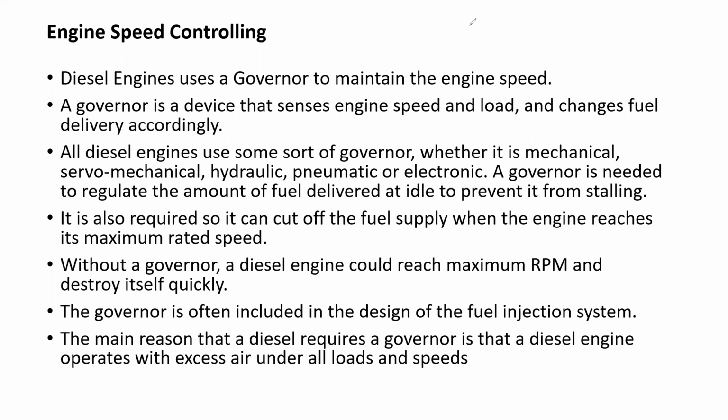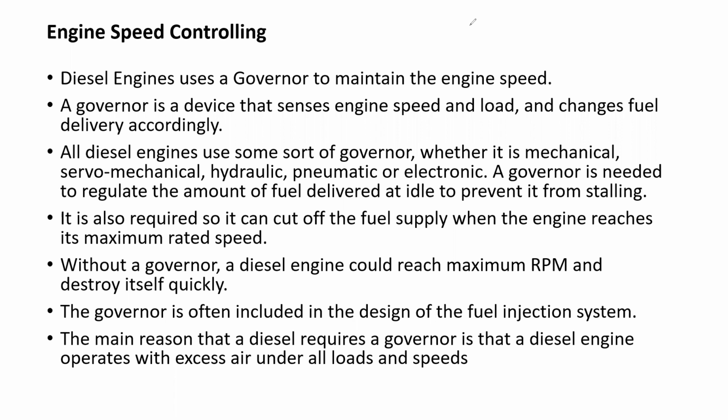In engine speed controlling, the problem with the diesel engine is this. If we put the accelerator at a certain position, let's say we press our accelerator pedal up to 30% of the whole travel, then after pressing 30%, assume the engine should be rotating at 2000 rpm.